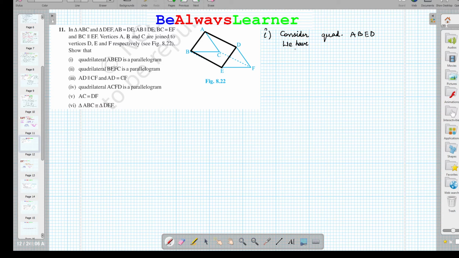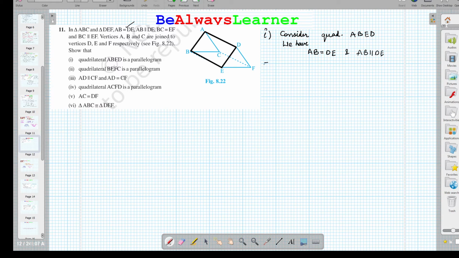It is given that AB is equal to DE, and also we know that both are parallel, that AB is parallel with DE. So this relation we are aware of.